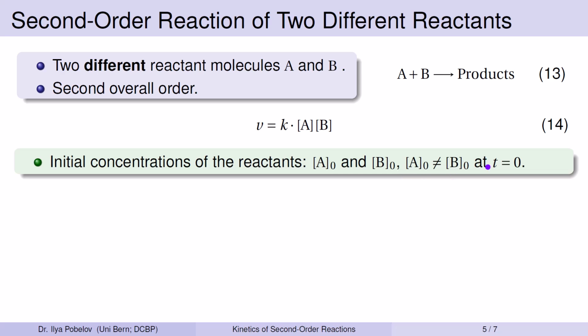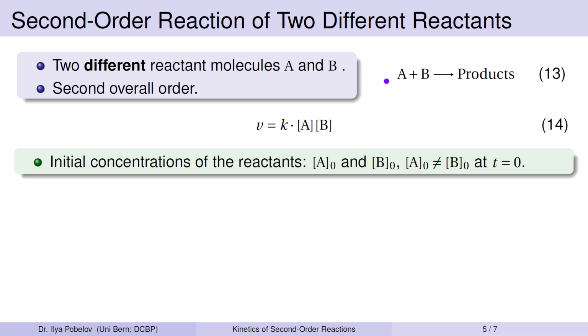If this is not the case, the differential equations for their concentration should be solved in the same way as it is done for the second-order reaction of the same reactant considered before. As the reaction progresses, the concentrations of A and B decrease at an equal rate.